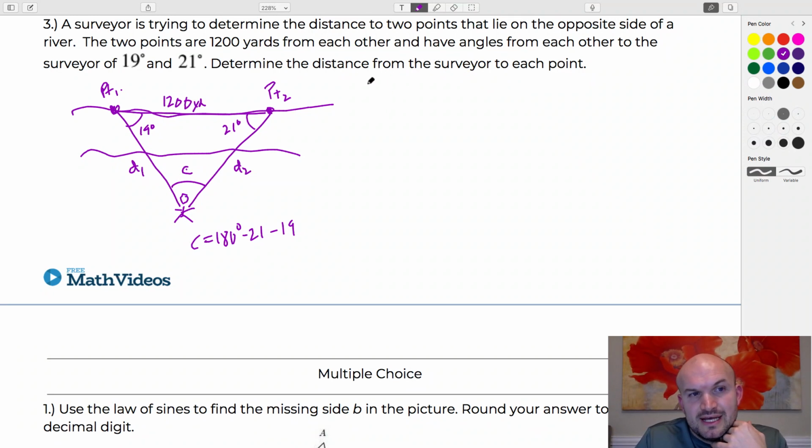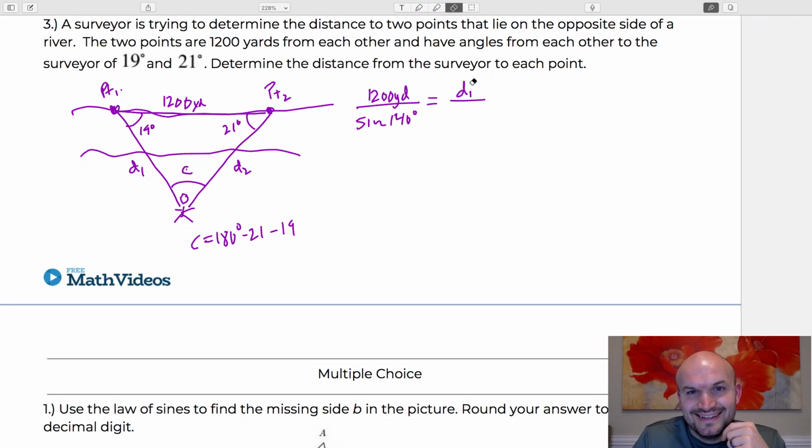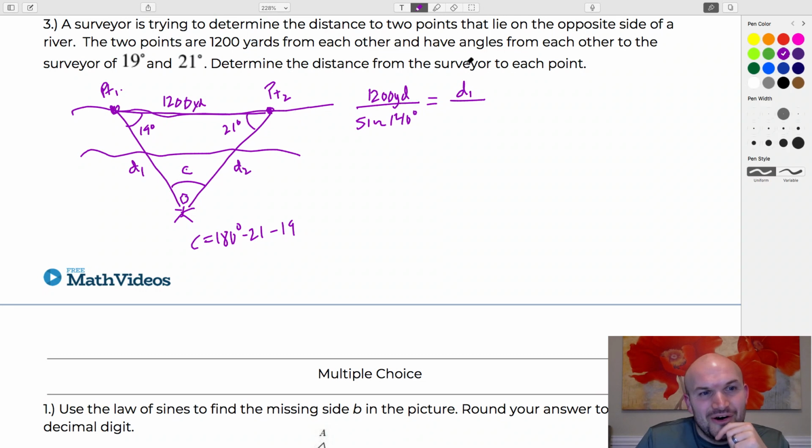So I can say 1,200 yards over the sine of 140 degrees is equal to D1 over the sine of 21 degrees. Hopefully you can follow my math.